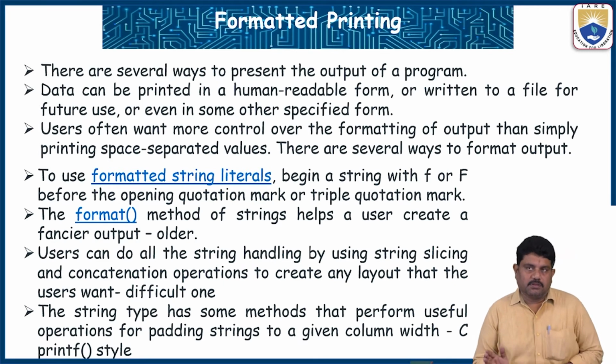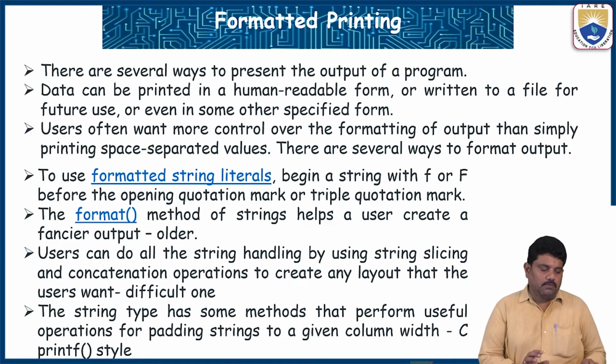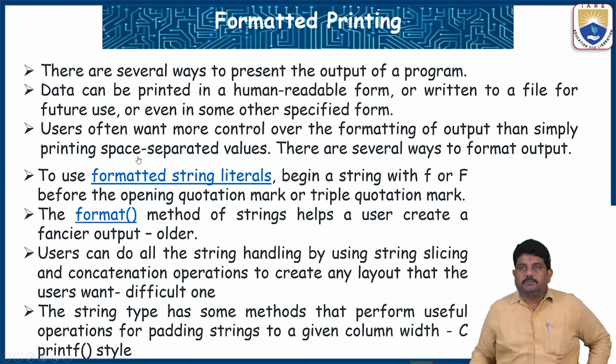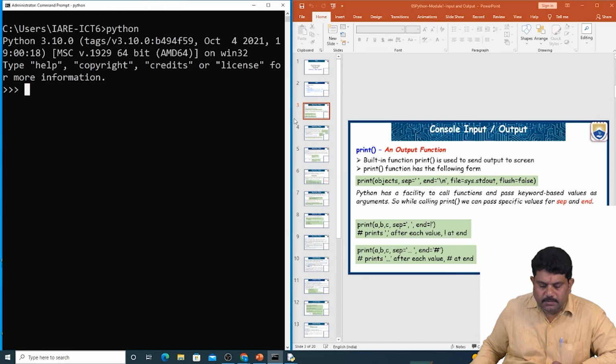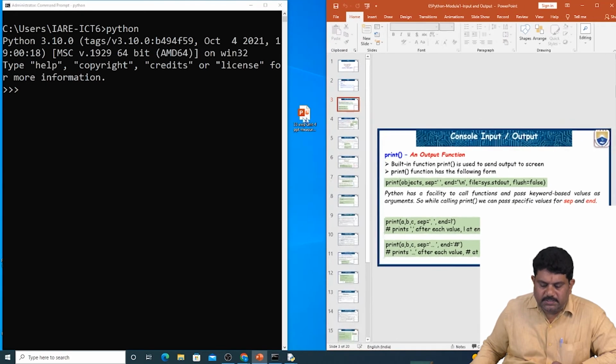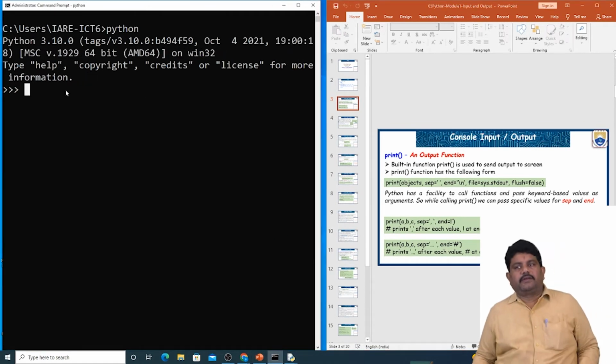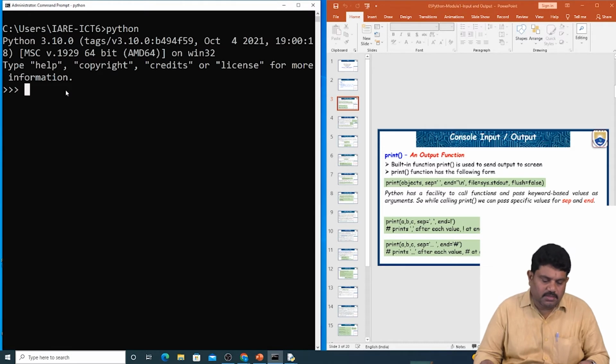Before going to formatted printing, we will execute simple example programs. I increased the font size on the console. This is called the console. Here we can type our programs and see the output.